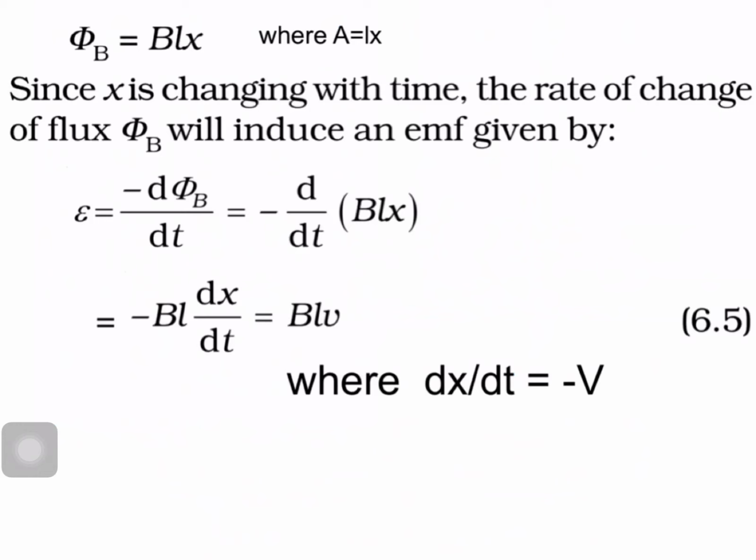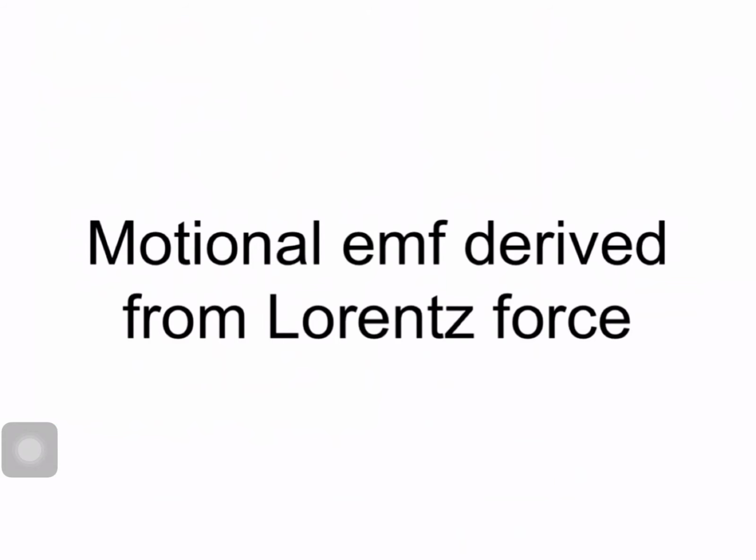In this case, E equal to minus BL dx by dt, that is equal to BLV. Why? Because dx by dt should be equal to minus V, that is, the velocity of the coil is opposite to the direction of the induced EMF. So this is a way we can derive the expression for the motional EMF.